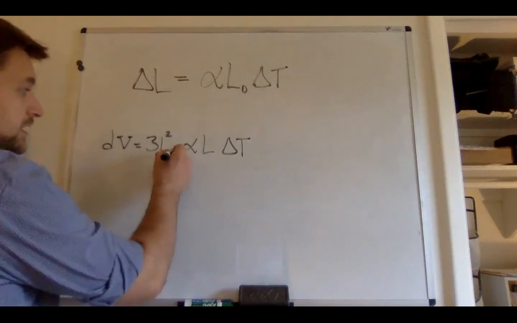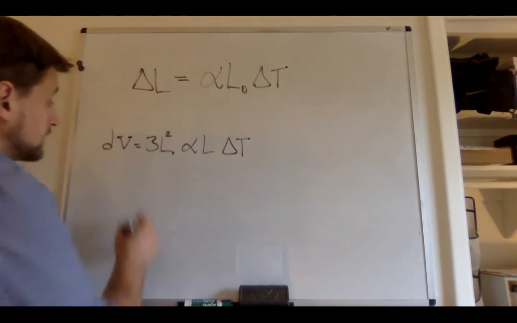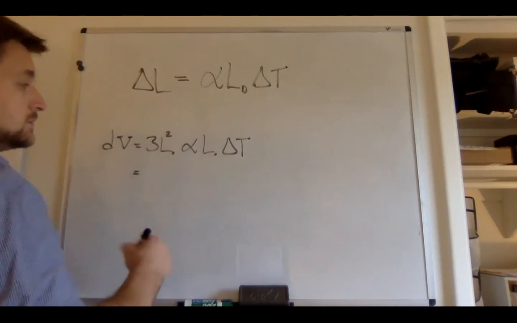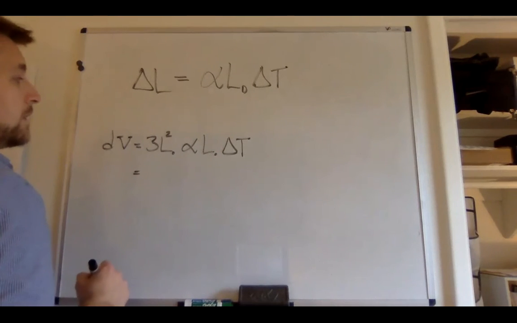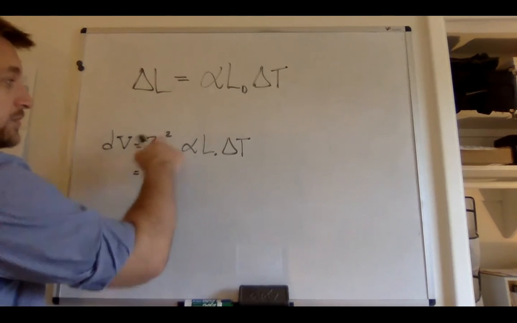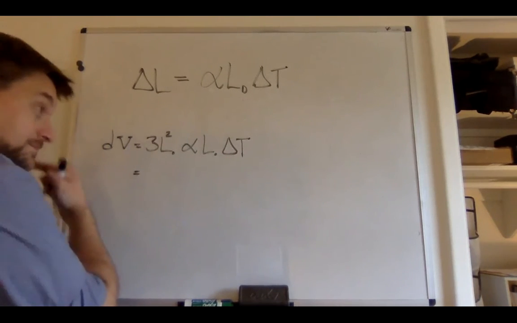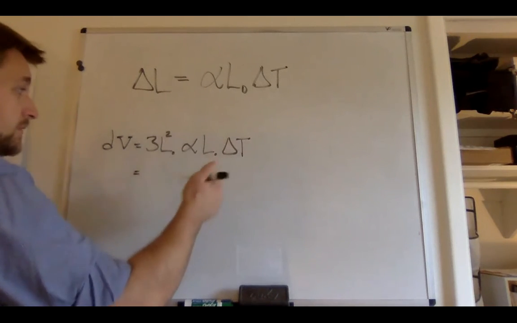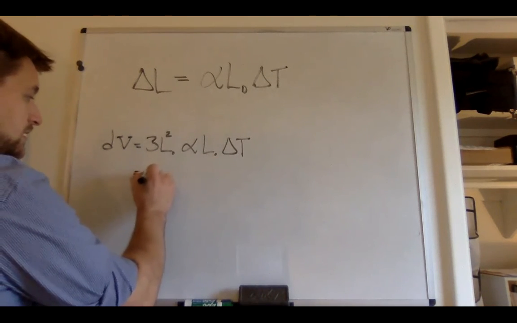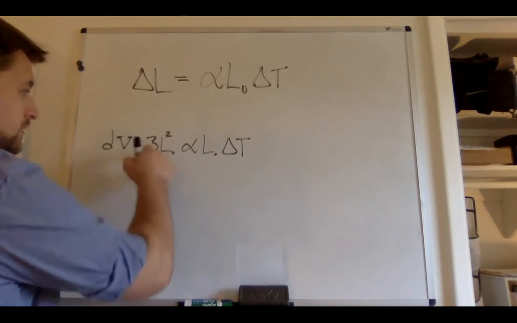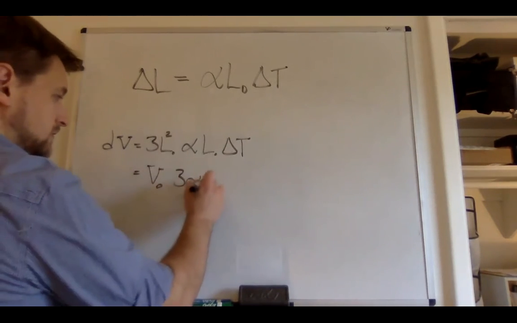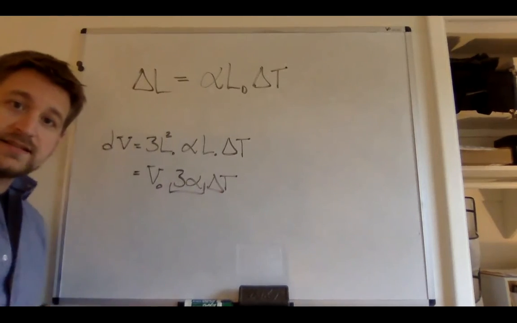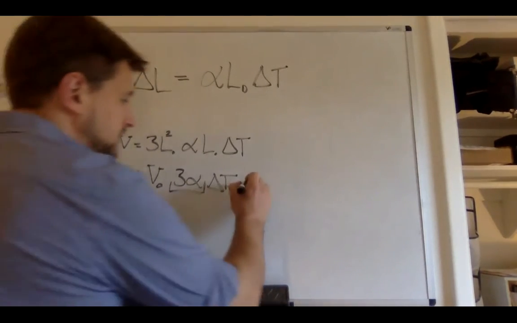This, I guess, is L0, right? Because that's the length we had before we changed. So that's L cubed, but that's the original volume. So this looks like original volume times 3 alpha delta T, and now we've got a new proportionality constant that is just 3 times the old one.